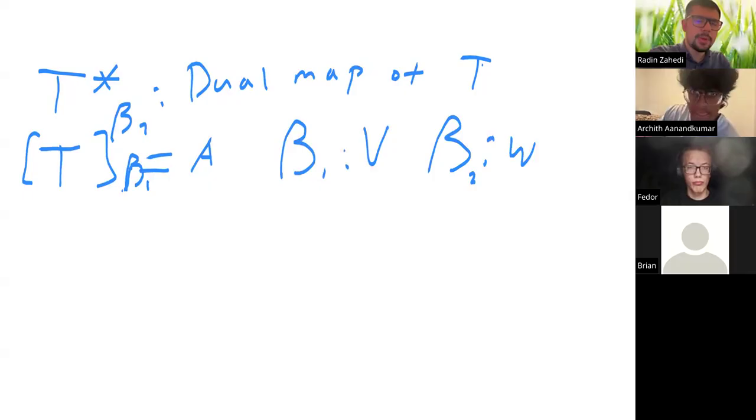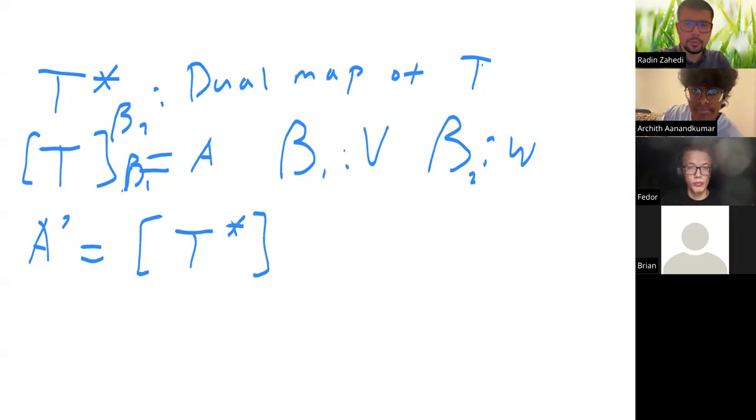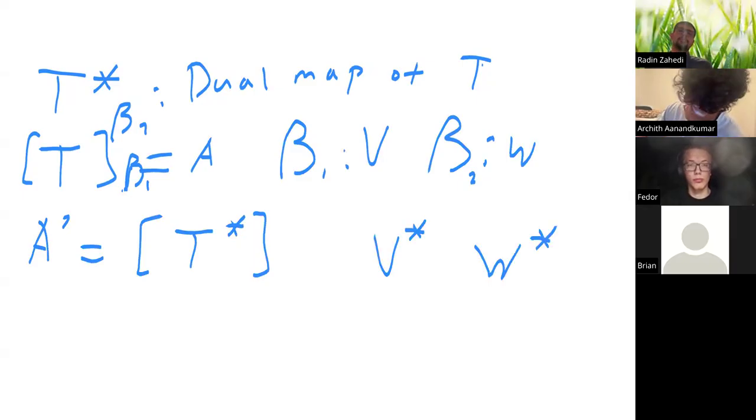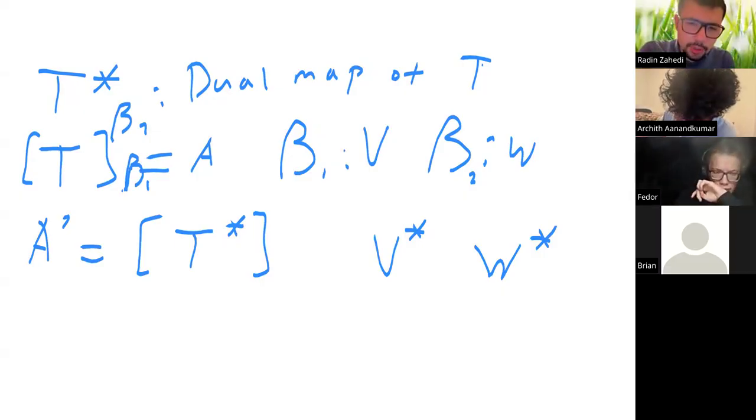We form a matrix A prime of T star based on two bases from V star and W star. So typically, we might want to choose a basis related to B1 and B2. So let's here put the dual basis. Let's put B2 star here and B1 star here.